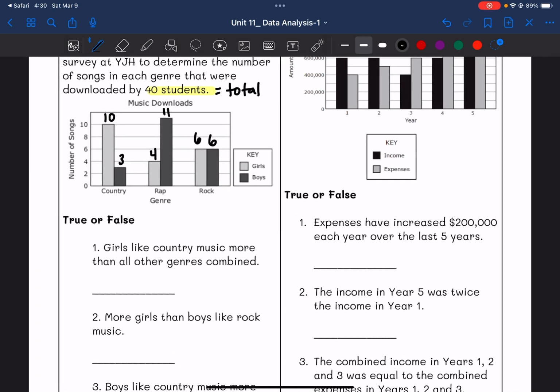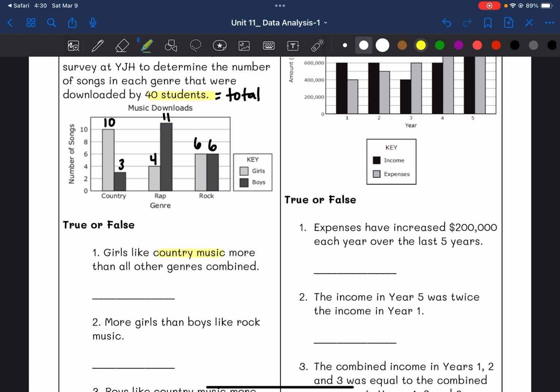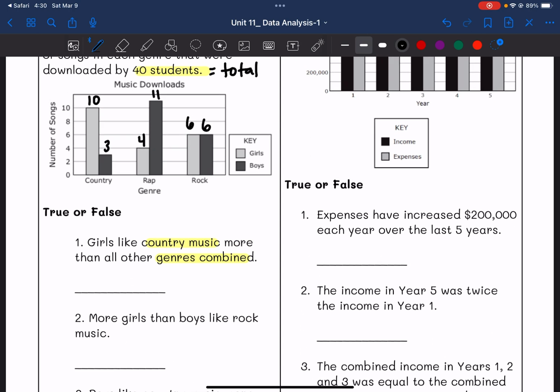Girls like country music more than all other genres combined. We're only looking at girls, and what we're comparing is country music and all others. It's saying they like country more, so I'm going to circle the more symbol, because that is the comparison.